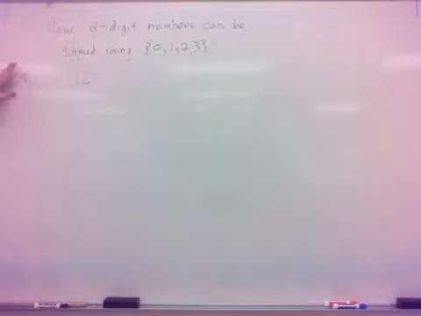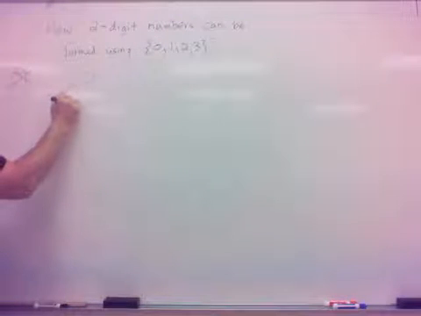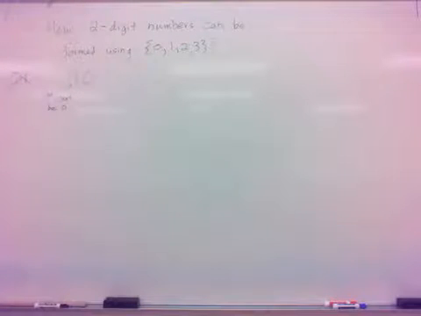If you've got 0, 1, that's really just a one-digit number. So when you're wanting a two-digit, three-digit, or four-digit number, the first digit can't be 0. Can't have a leading 0.